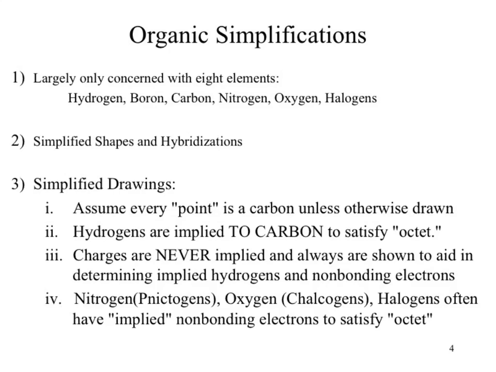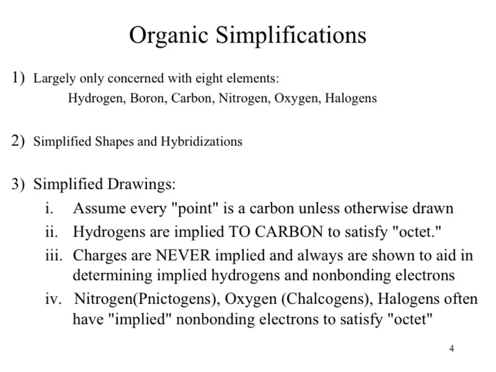Lone pairs are very often implied. Even on carbon, though most typically they're implied on nitrogen, oxygen, and halogens. Why do we imply them? You start drawing out your Lewis structures where you had to draw all those dots in enough times, you get sick and tired of doing it, and you start to imply them. That becomes exceedingly dangerous when we move into the second half of the semester.